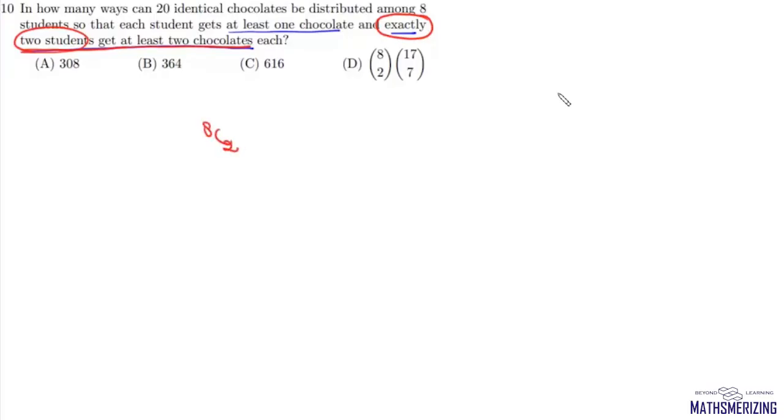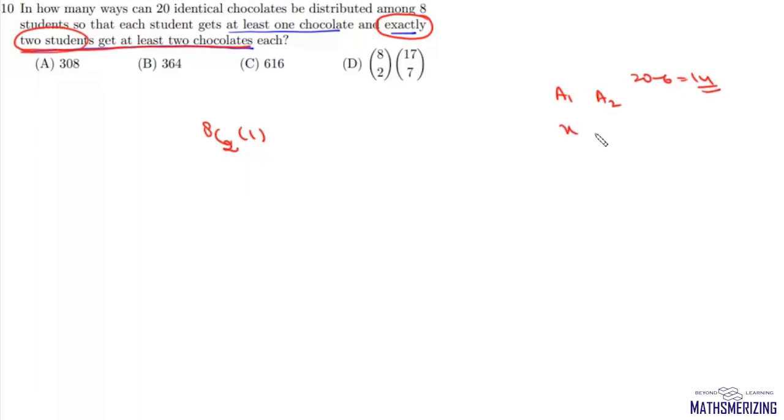Now suppose these 2 students are A1 and A2. For the remaining 6 students, we have to give them 1 chocolate each, and since the chocolates are identical, it can be done in only one way. Now we have to distribute the remaining 20 minus 6, that is 14 chocolates, between A1 and A2.